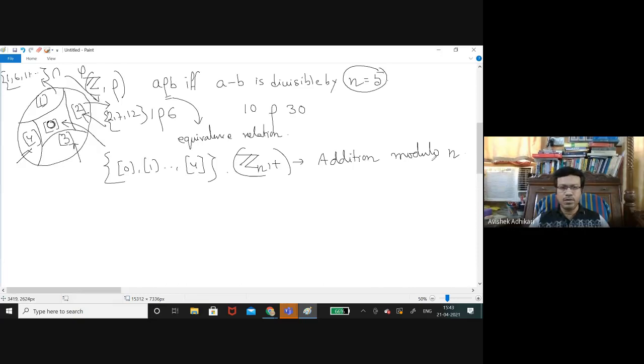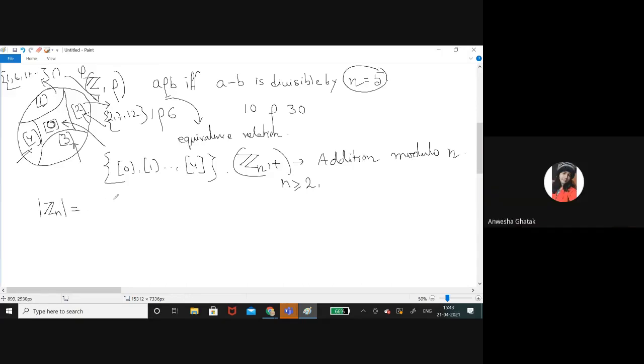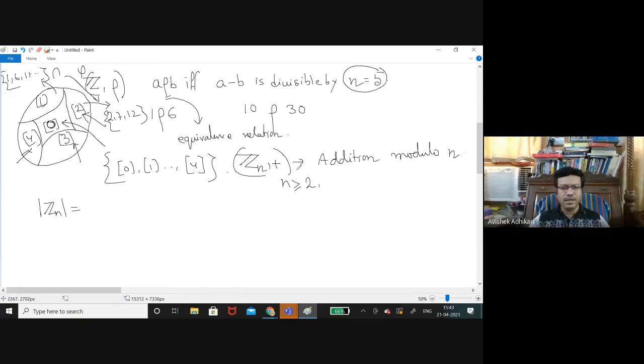Okay, so now we can understand that if n is greater than or equal to 2, what would be the order of Zn? Can anybody tell me what would be the order of Zn? It will be n, because Zn will contain basically class 0, class 1 up to class n minus 1.